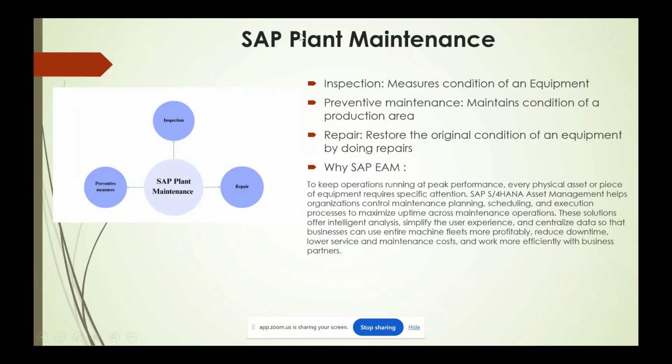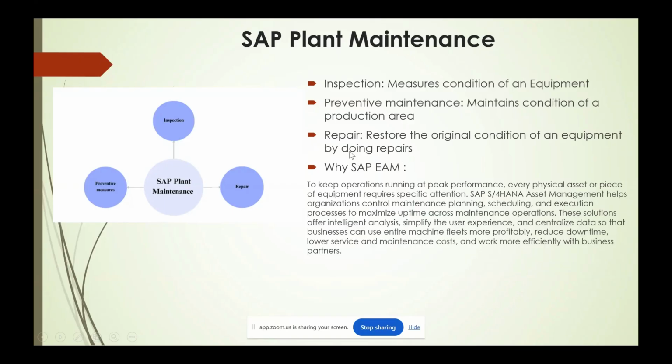The purpose is the same, but from S4 onwards they changed the naming convention to EAM. The functionality doesn't change: inspection, preventive maintenance, and repairs. The purpose of this module is only to perform inspection, preventive maintenance, and repair.